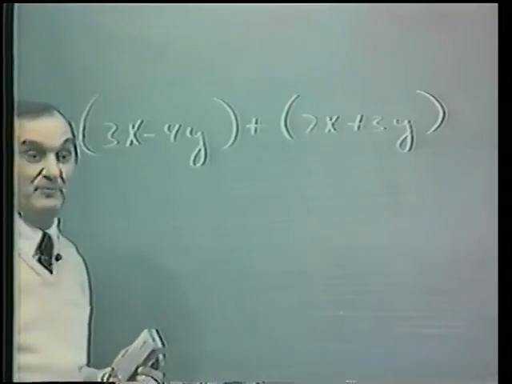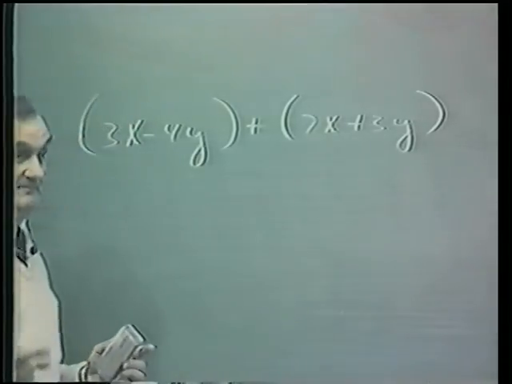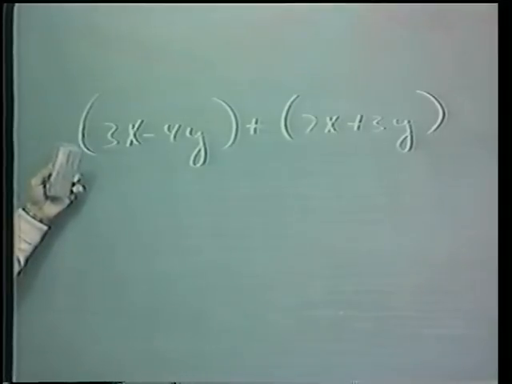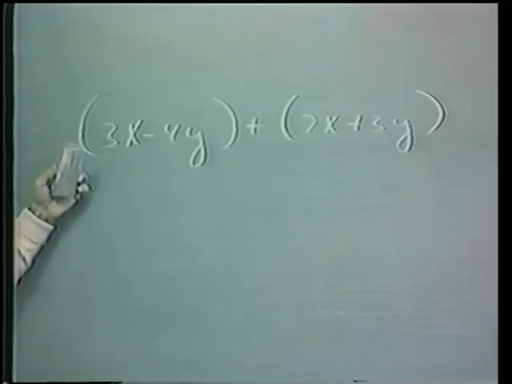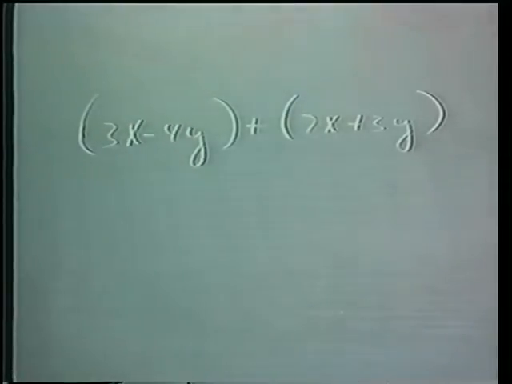First step would be remove those parentheses. Well, what's understood to be in front of this parenthesis? What do you see there? 1. So we're going to multiply everything in that parenthesis by 1. And when you multiply something by 1, what effect does it have?